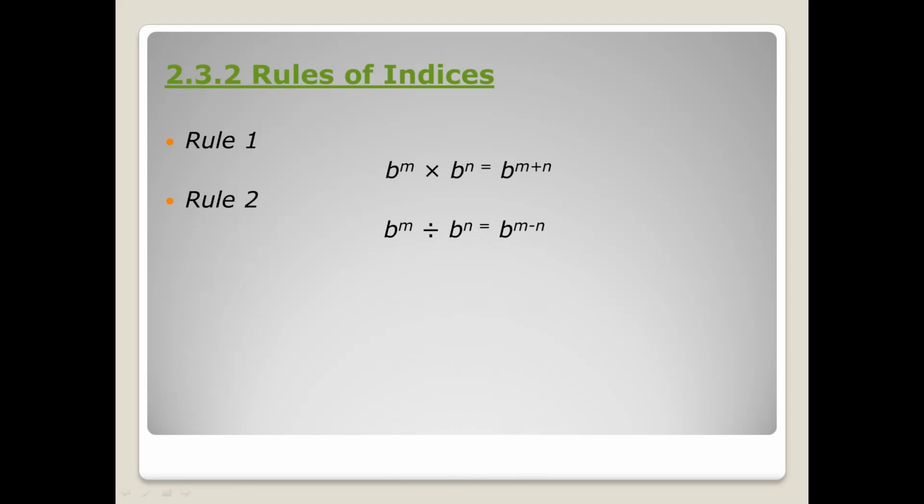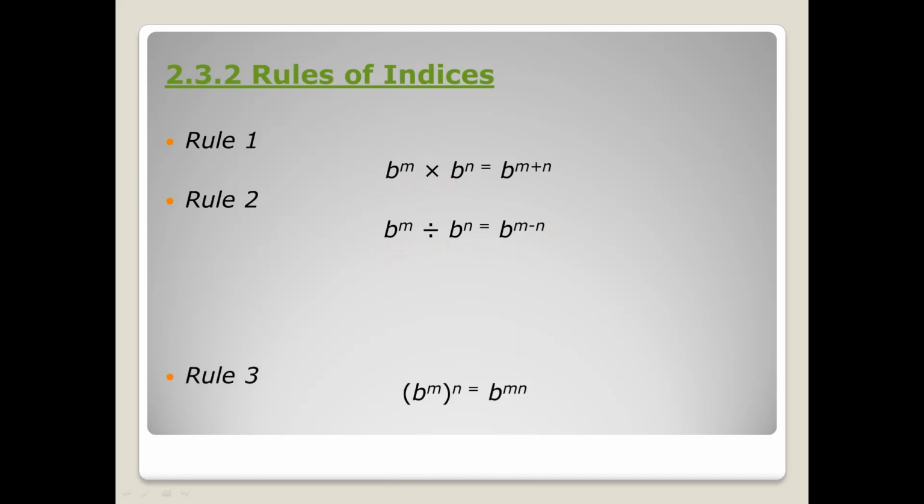Rule number 2, if we divide 2 numbers like b to the power m divided by b to the power of n, then in this case the answer will have the same base, that is b, and its index here is the difference between these 2 indices. It's m minus n. In both rules, these 2 numbers have the same base, that is b.